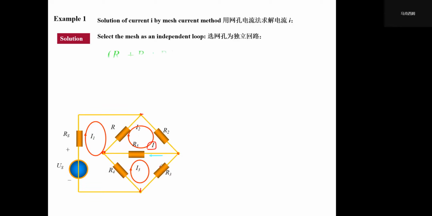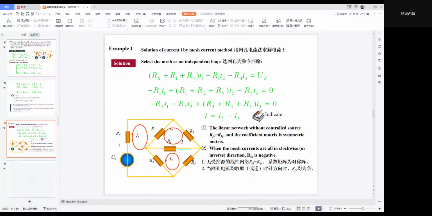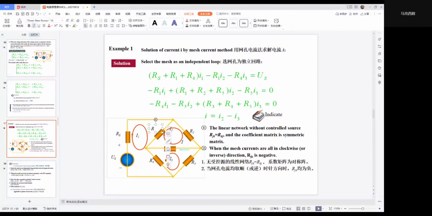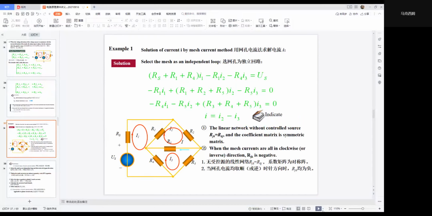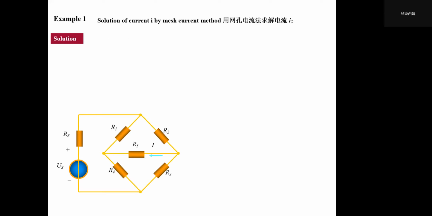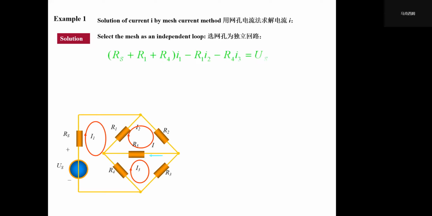For the first mesh, we have 3 resistances, and we just add them up together, which forms the self-resistance for mesh 1.